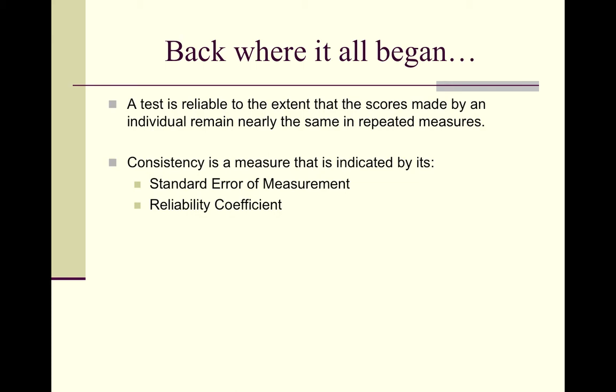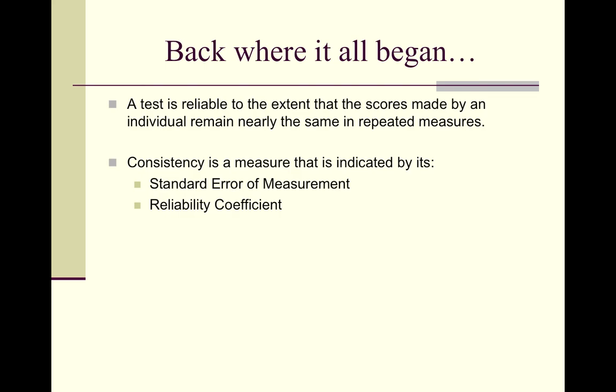Back where it all began, a test is reliable to the extent that the scores made by an individual remain nearly the same in repeated measures. There are different ways to do that: split half, test-retest, and internal consistencies.